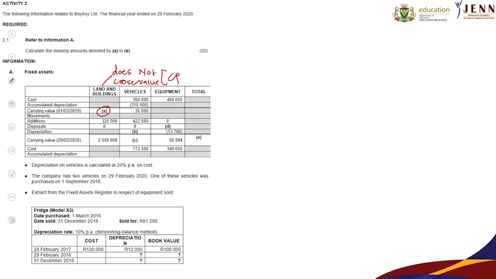The cost price is similar to the carrying value because it does not lose value. If the land and building does not lose value, the cost price is similar to what? To the carrying value. Then we can use either the carrying value calculation or the cost price calculation. Let's go back and check that formula. I said to you, remember to cram your formulas. Let's go back to the formulas.